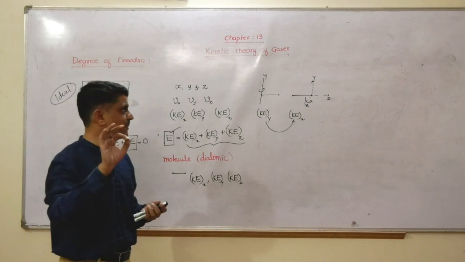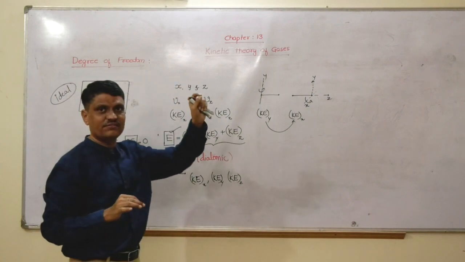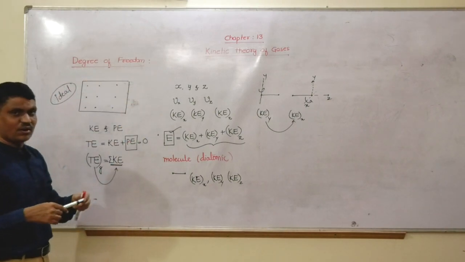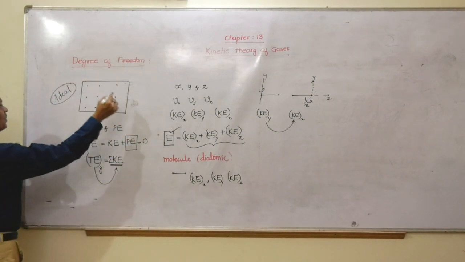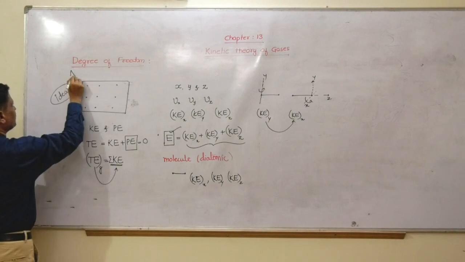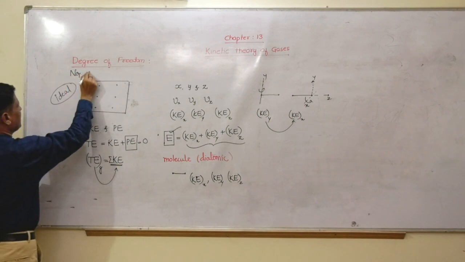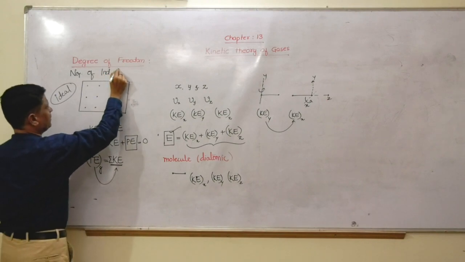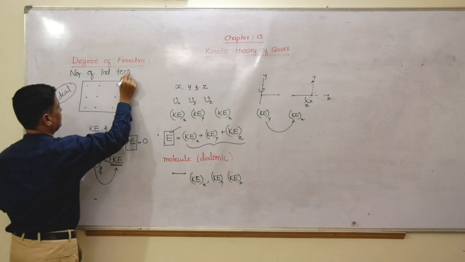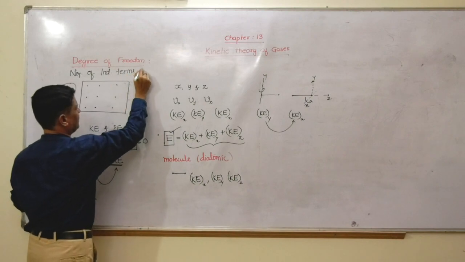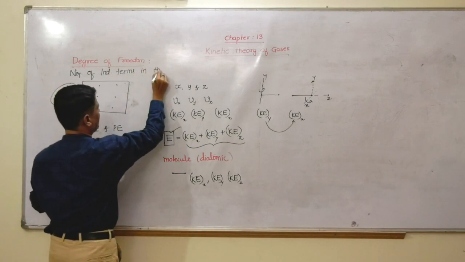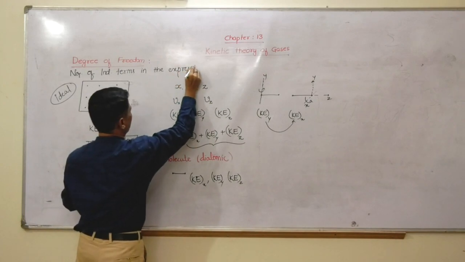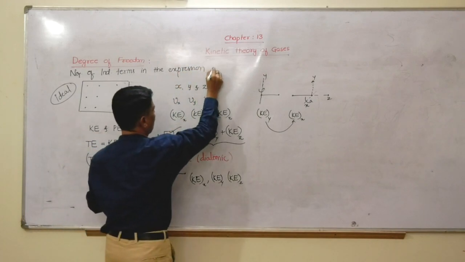So this number of independent terms in the expression of energy of a molecule is called degree of freedom. Therefore, degree of freedom is nothing but the number of independent terms in the expression of energy.